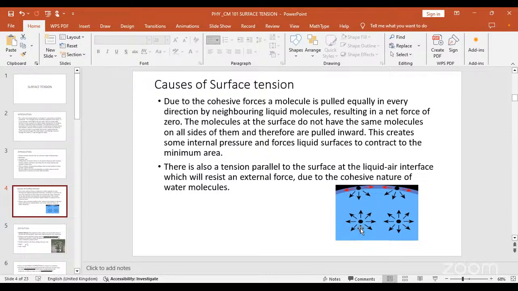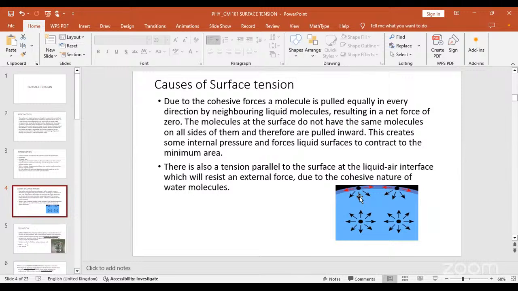However, the two molecules at the surface don't have equal magnitude of attraction outside the space, because there are no other molecules there.